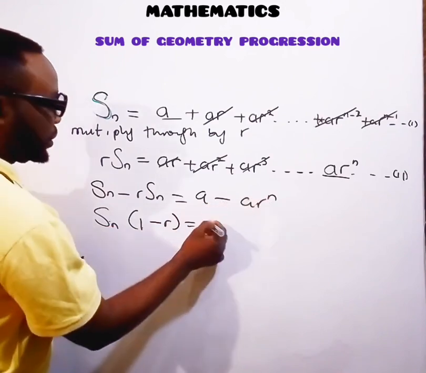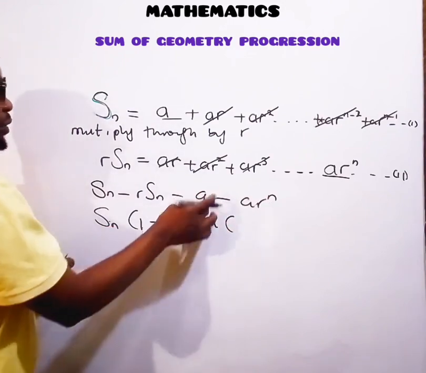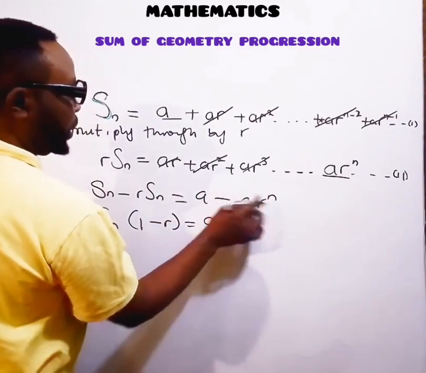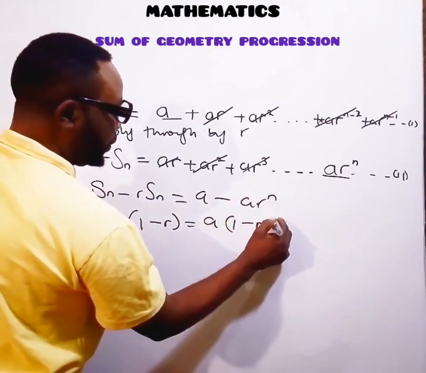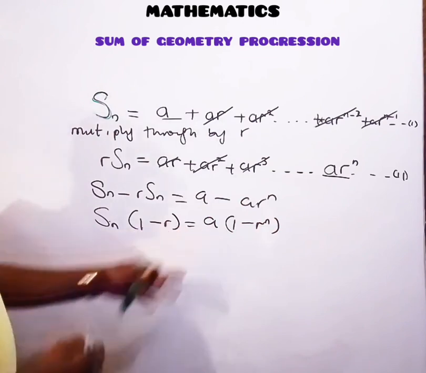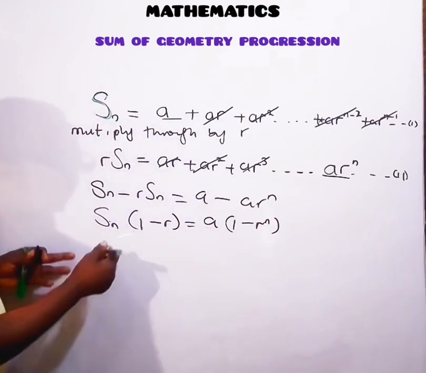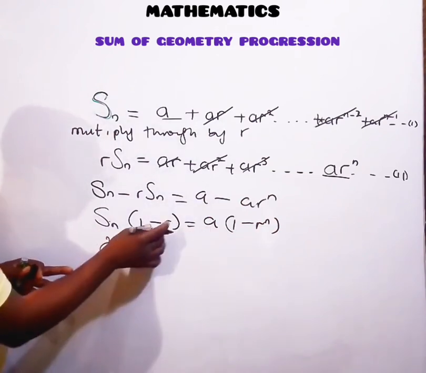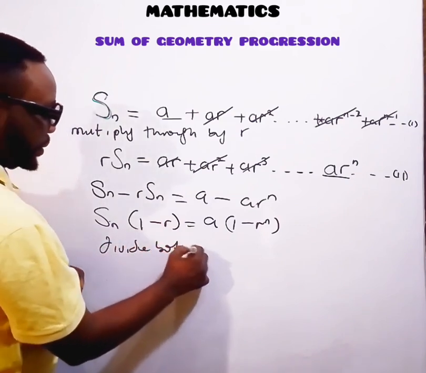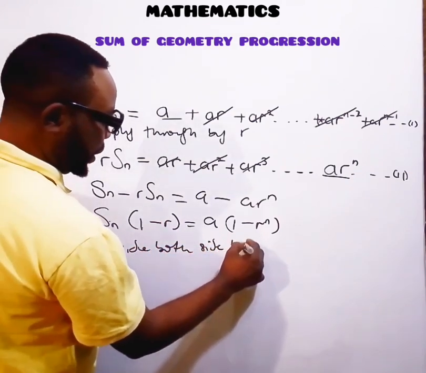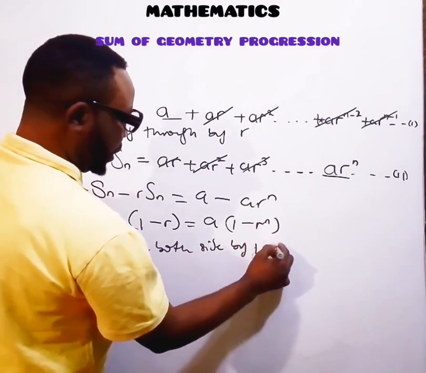What is the common term here as well? That is a, multiplied by 1 minus r raised to the power of n. Now, having got this, you can divide both sides by 1 minus r.